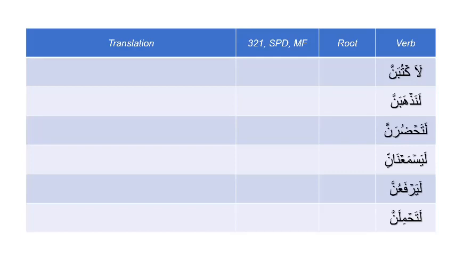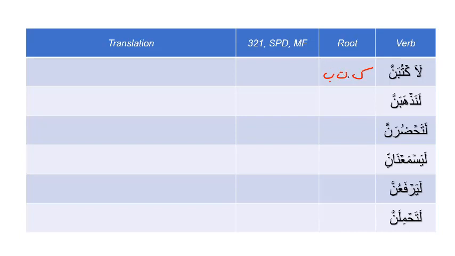SPD means whether it's singular, plural, dual, and MF means whether it's male, female. So Dr. Shafiq, why don't you get us started here? So la aktubanna. What's the root here? Kataba. So the root is ka, ta, ba. Very good. So what does that mean? He writes, he has written.